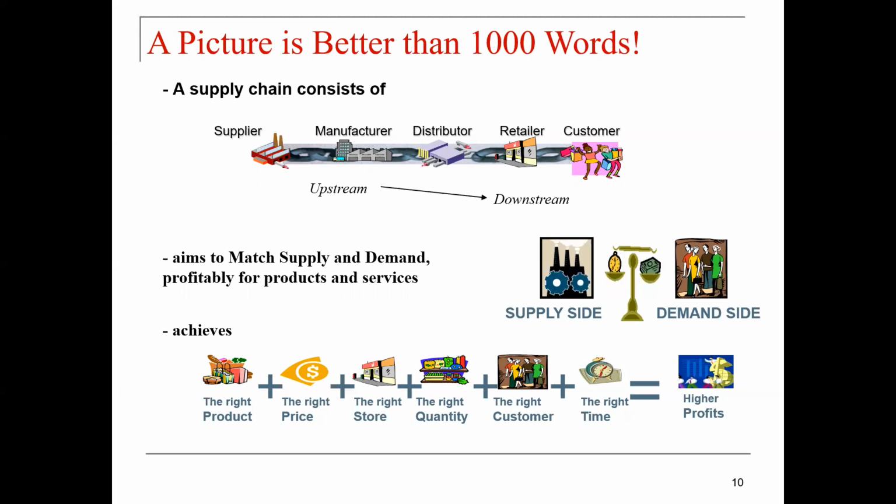Supply chain management achieves the right product, plus the right price, plus the right store, the right quantity, the right customer, plus the right time. An efficient process that involves all those pieces will generate higher profits.